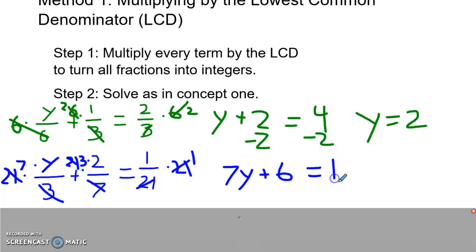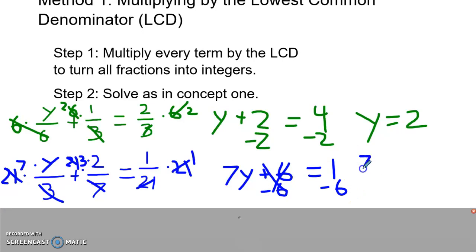Now, what happened with that is that we have a multiplication problem. So now we're back to a normal two-step equation where we have a number times our variable. We have to go through the same steps to get rid of that. It's separate, so we're going to start by subtracting 6 from both sides. Cancel that.